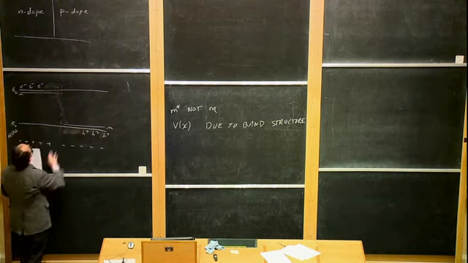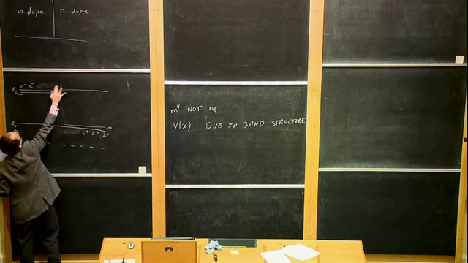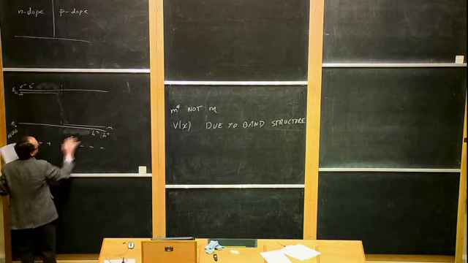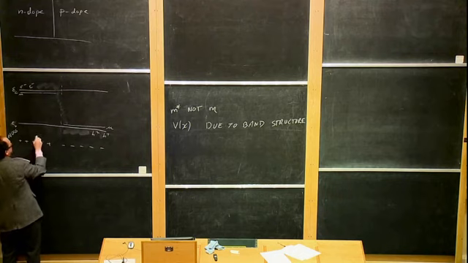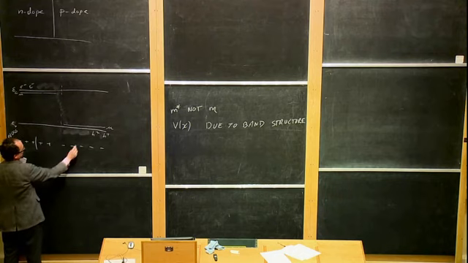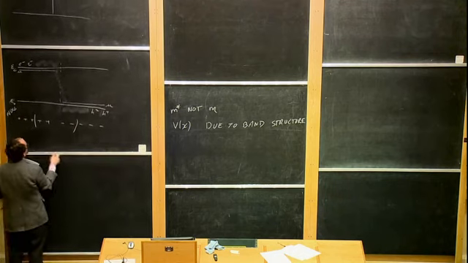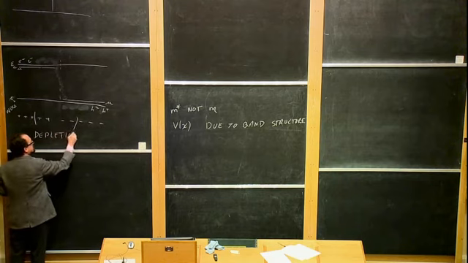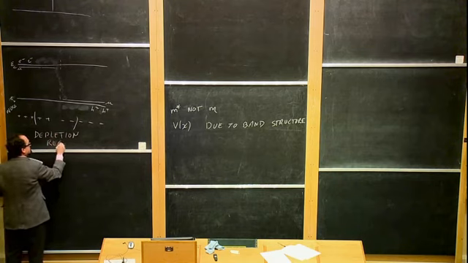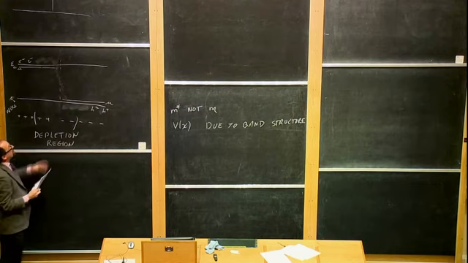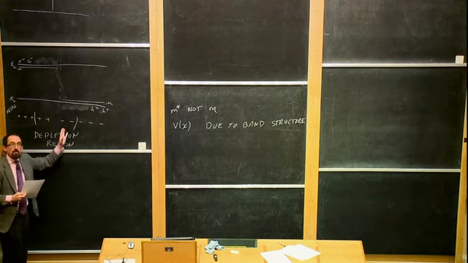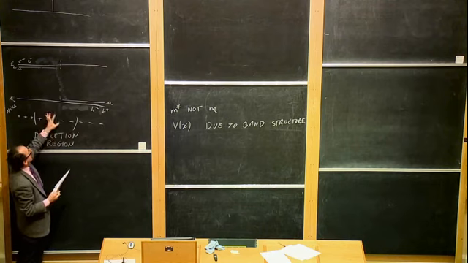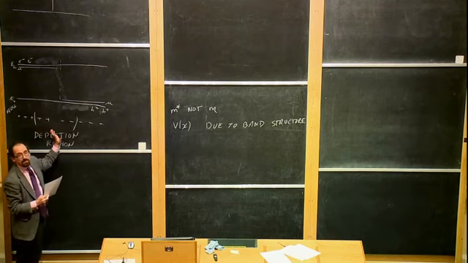Let me annihilate one more here. And we end up with this region in the middle, from here to here, which is known as the depletion region, where there are no electrons and no holes. There are no mobile charge carriers anymore. You only have the static nuclear charges left.